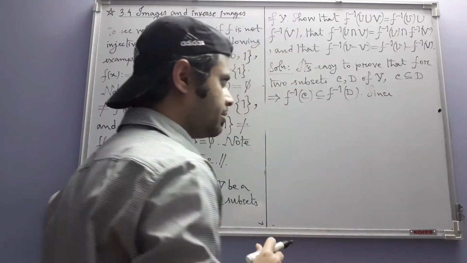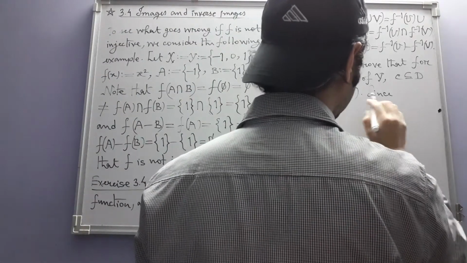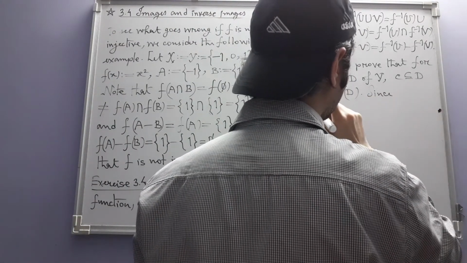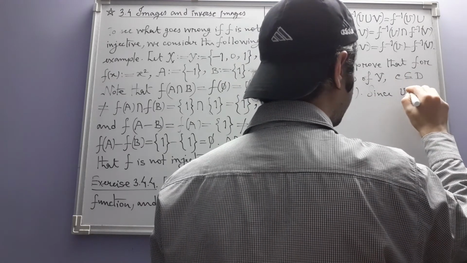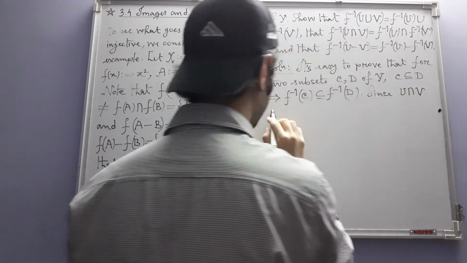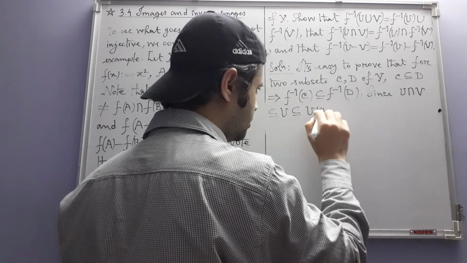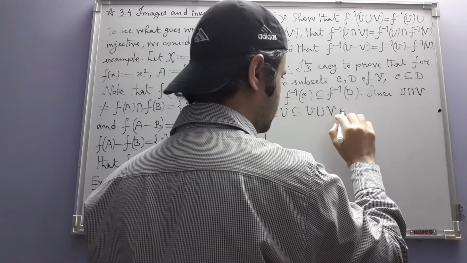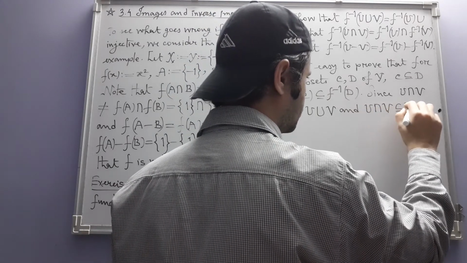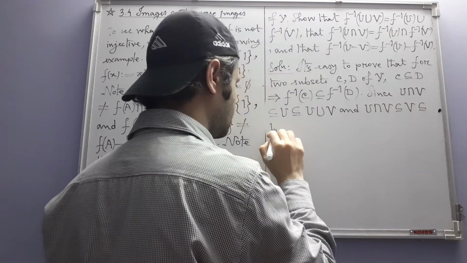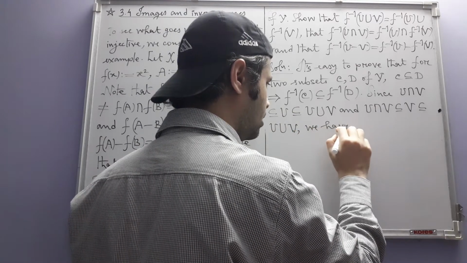And we can be a little more brief than the previous solution, since U intersection V is a subset of U and U is a subset of U union V, and U intersection V is also a subset of V, and that is a subset of U union V. We have these things.